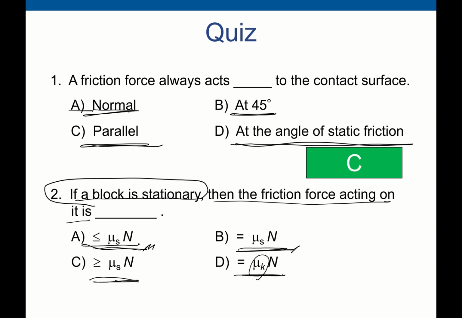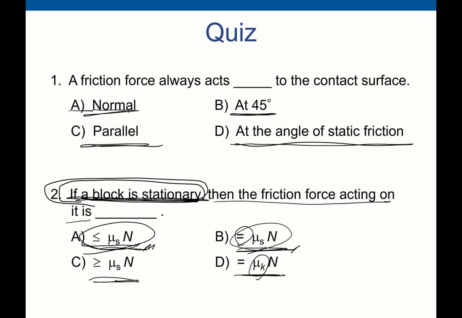So what is your answer? If the block is stationary, that means this one is possible, but it's still in impending motion, and this one is the more right answer, less than or equal to mu s times normal force. So the answer should be A.